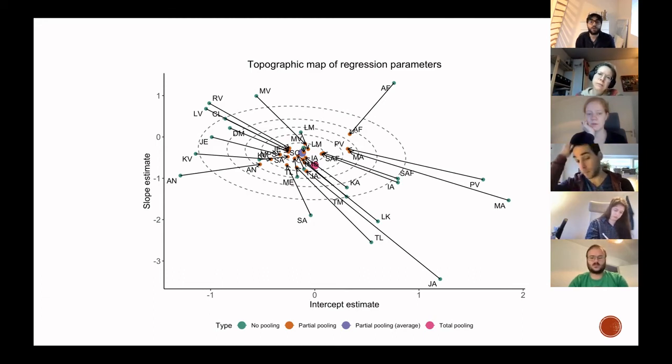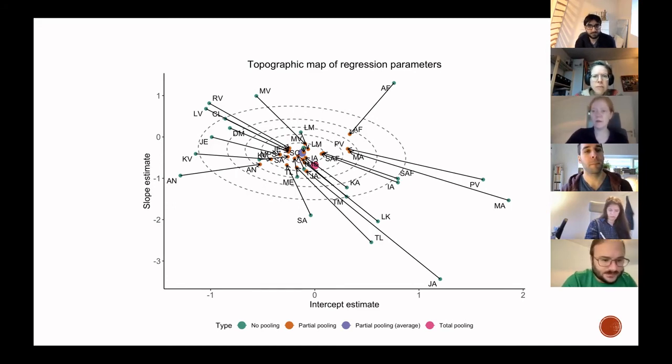And the arrow points towards orange dots, which represent the estimates in the model. So you can very clearly and intuitively observe the shrinkage, the pooling. The further these points are from the population average, the more the participant estimates get shrunk.